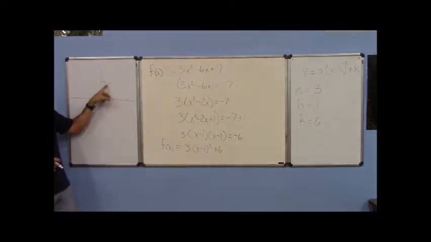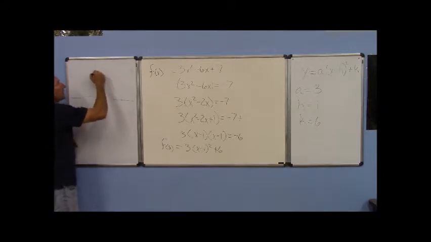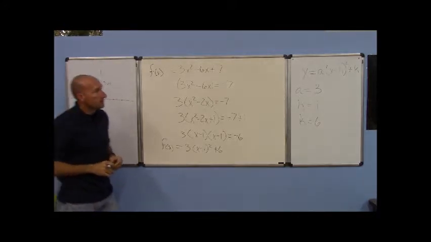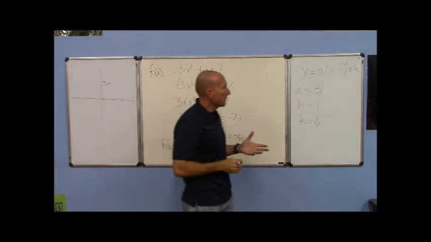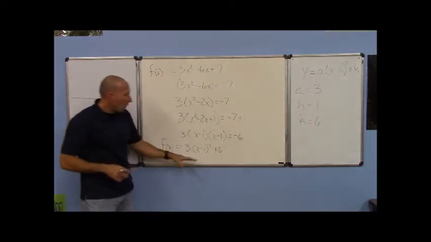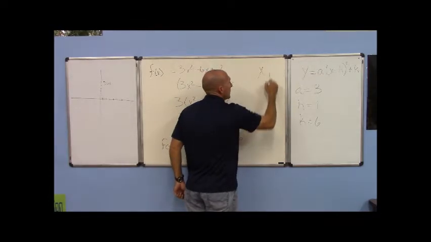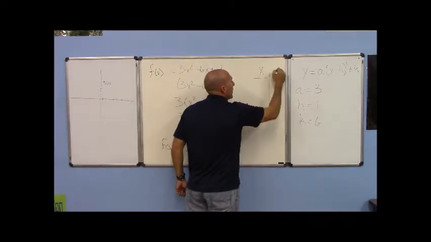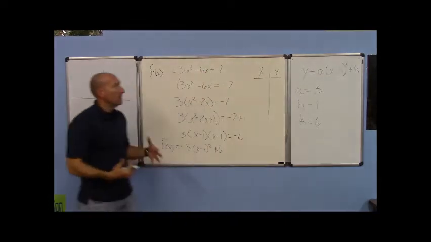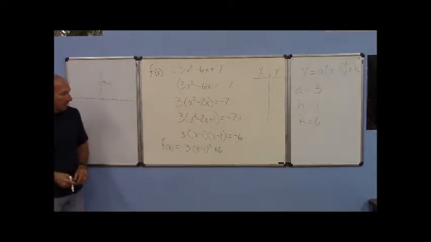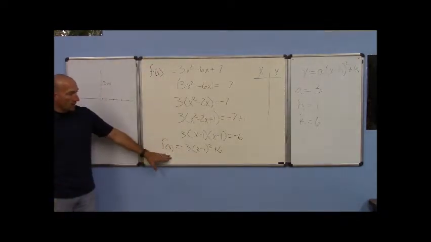It's going to be 1 and 6. And we know it's going to open up some direction. Now from here, since we know our values, we can do x and y, and then we can plug in values for x and solve for y.